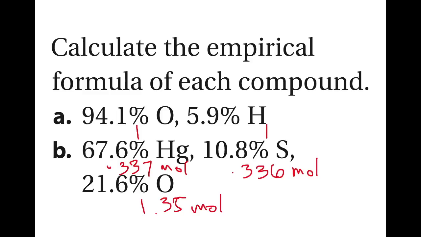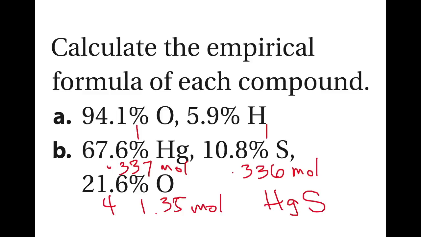So I go 1.35 divided by 0.336. I get 4.017. Again, it's close enough, just round it to the nearest whole. That should be about 4 oxygen. So the empirical formula for letter B should be Hg, 1, you don't have to write it down.